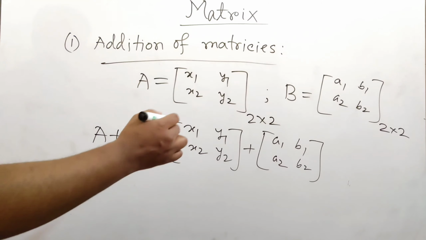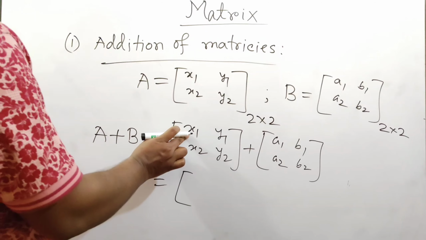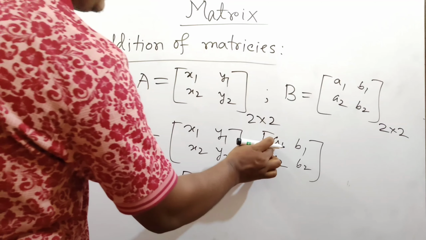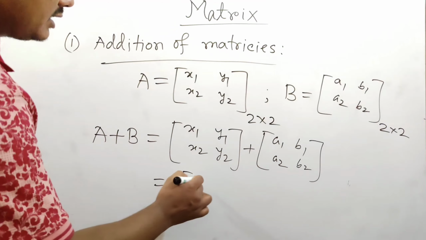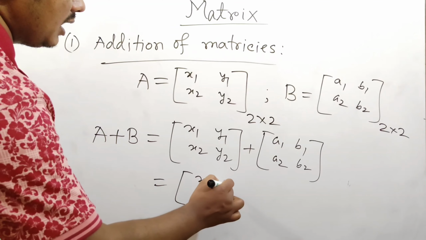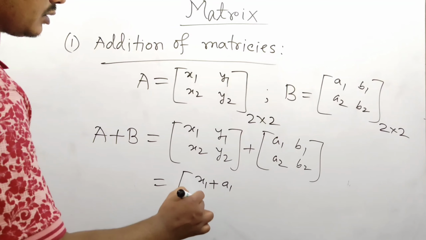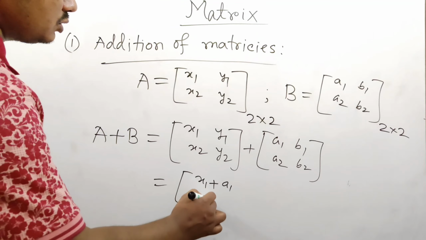You just add the first element of the first matrix with the first element of the second matrix, that is x1 plus a1, x2 plus a2, y1 plus b1, y2 plus b2.